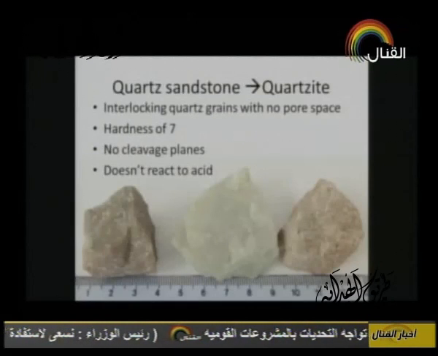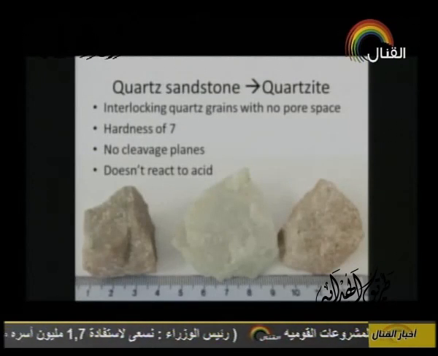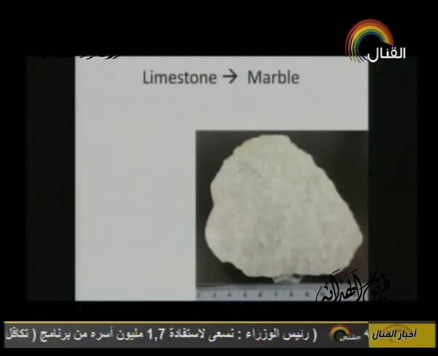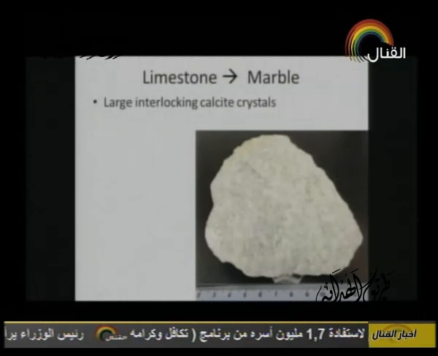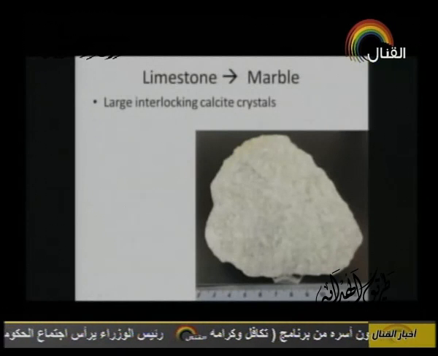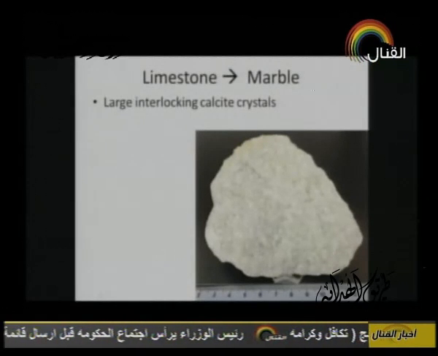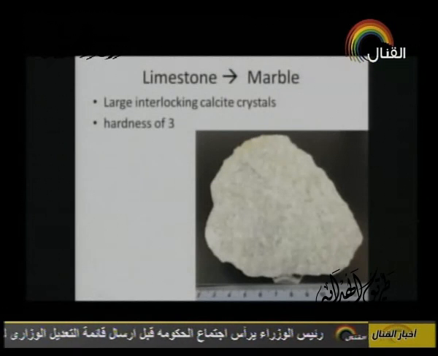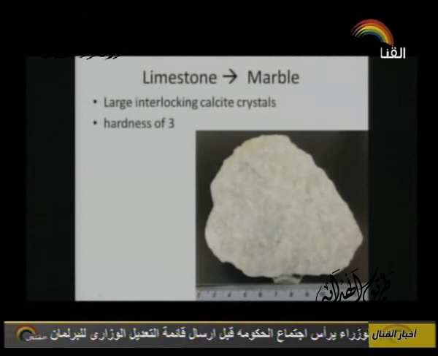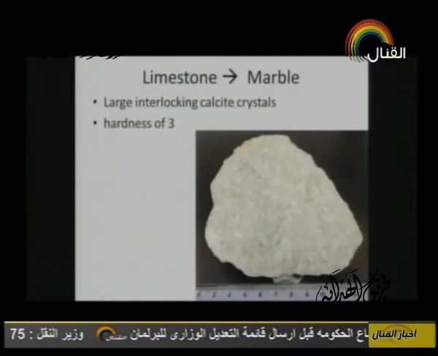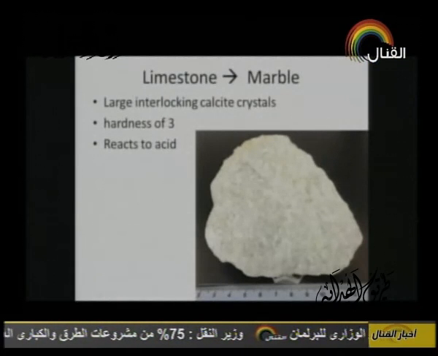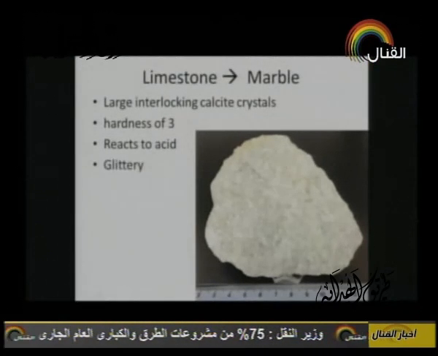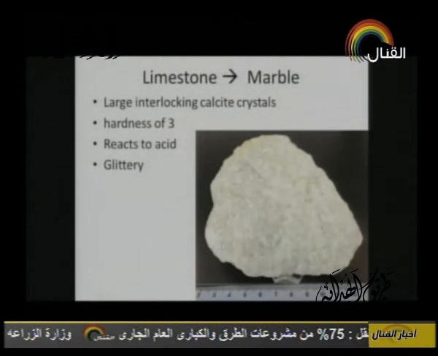Also, impurities in limestone may recrystallize or form new minerals of attractive colors. We have another example here, which is the changing of sandstone into quartzite, also by the increase of crystallization.